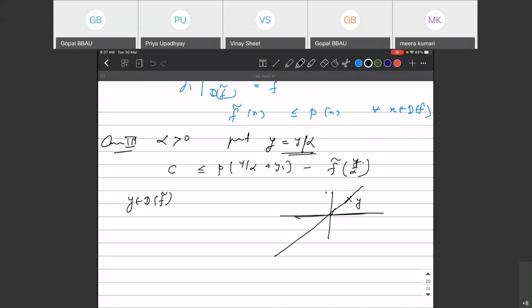Now I am using any point in this subspace. I am replacing this y by any other point in this subspace. So 1 by alpha is any scalar. Okay.